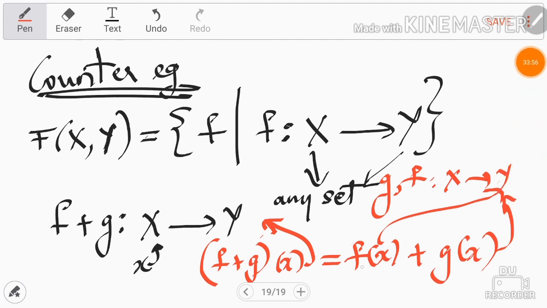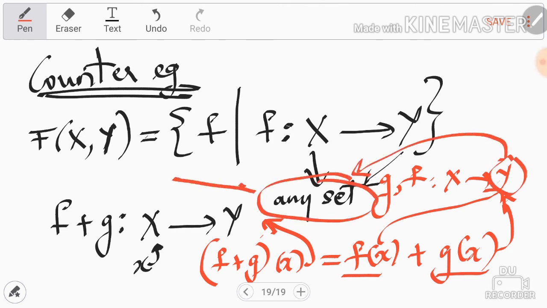So now f(x) and g(x) are elements of Y. And what do we know about Y? Y is any set. Any set means it can be a set of all weeks, set of all mangoes, set of all birds in the sky. It can be anything. It does not make sense to write any object plus any object.